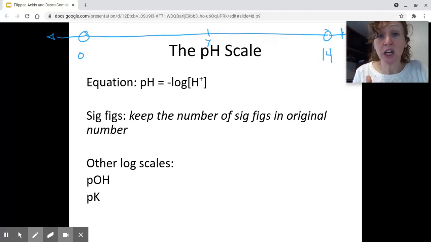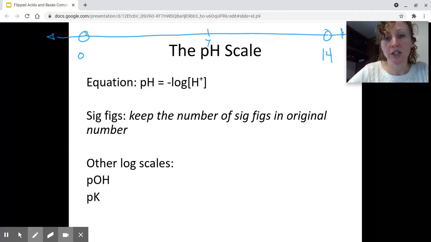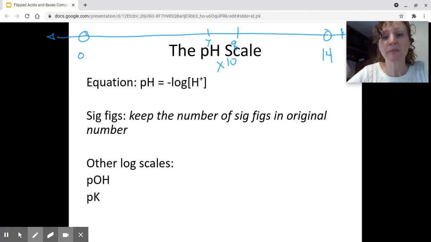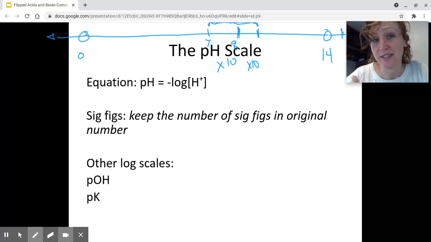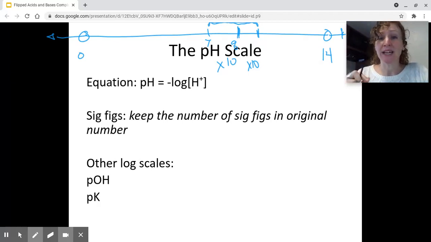pH is a logarithmic scale. So this is the other thing that you need to understand about pH. If we're comparing a pH of 7 to a pH of 8, we're talking about a difference times 10, right? But a pH of 8 to a pH of 9 would be another difference in powers of about 10. But if you are talking about a pH difference of 7 to 9, you're not talking about a difference times 20. It's not double. It's multiplying exponents, right?